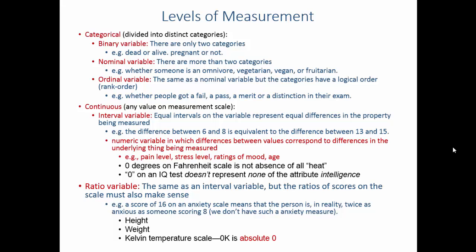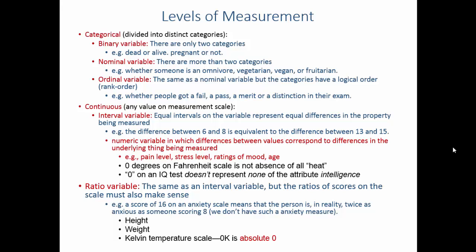So with interval, it's a numeric value, and differences between values correspond to differences in the underlying thing being measured, or at least it's assumed to be tied to that. So a continuous scale of how much pain are you feeling, pain level, how much stress are you feeling, a stress level.